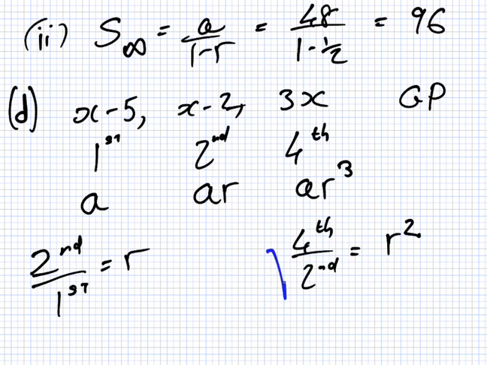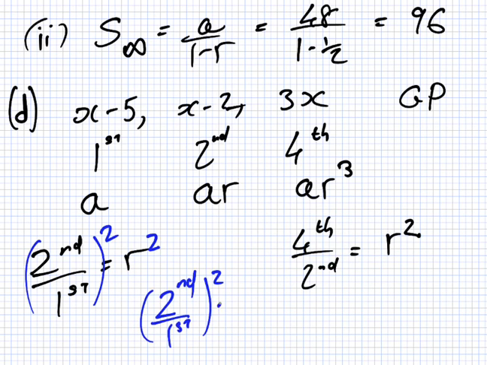So if I root this, but maybe, so I don't have to deal with a root, instead I'll take the other approach. If I square both sides here, the second over the first, squared, will be the same as the fourth over the second.